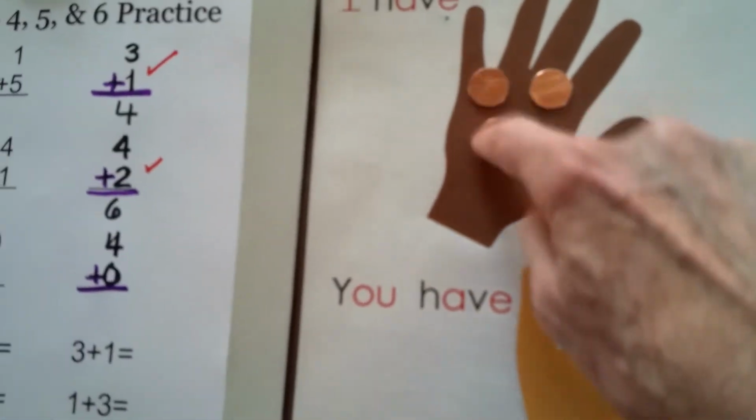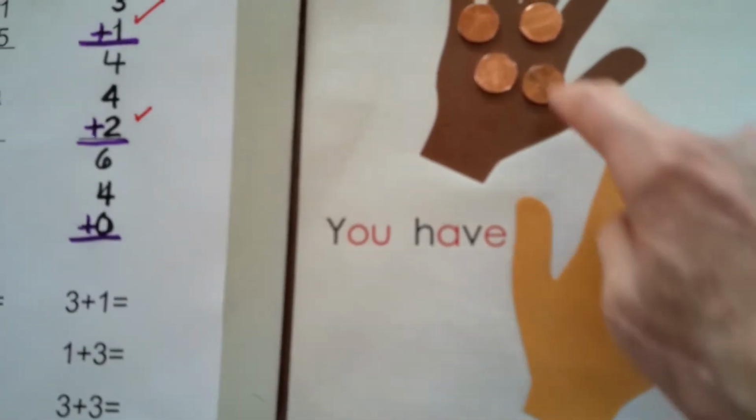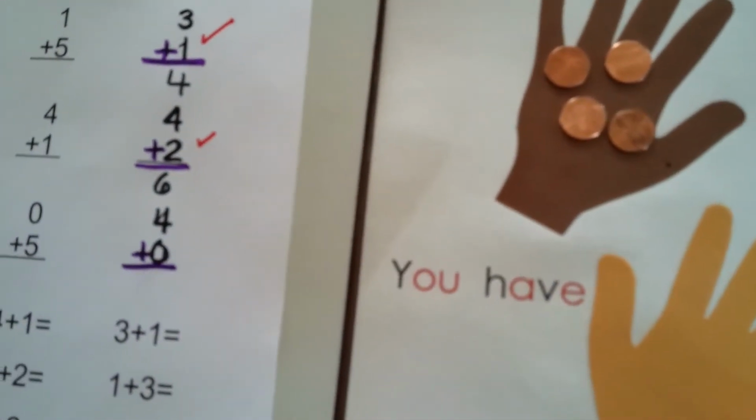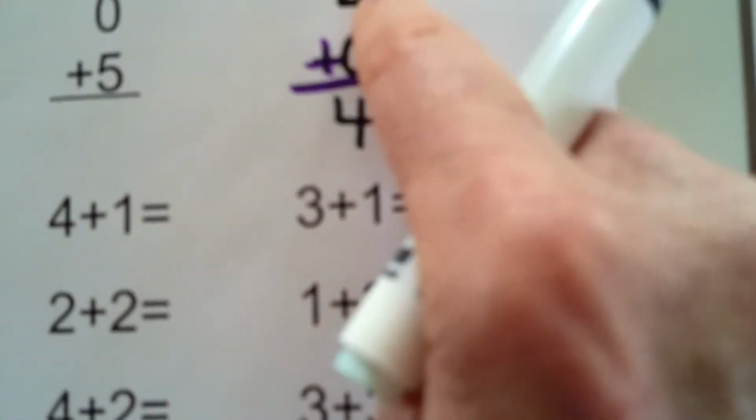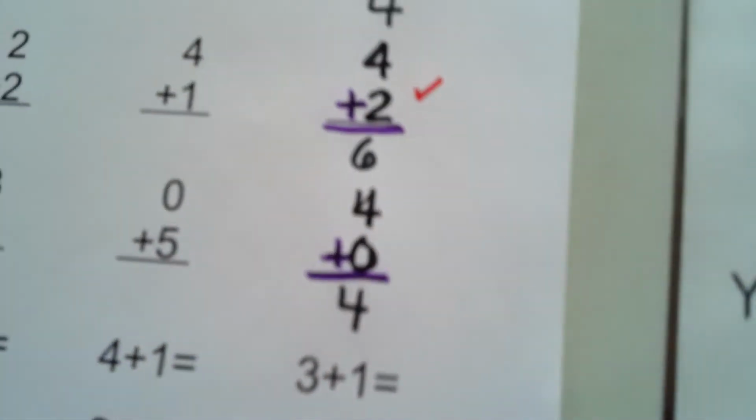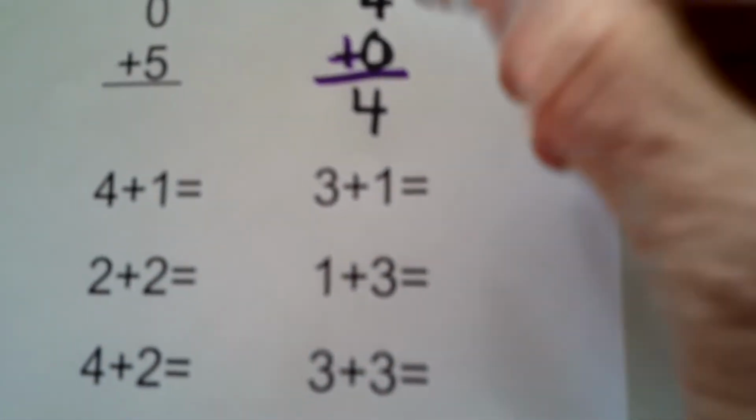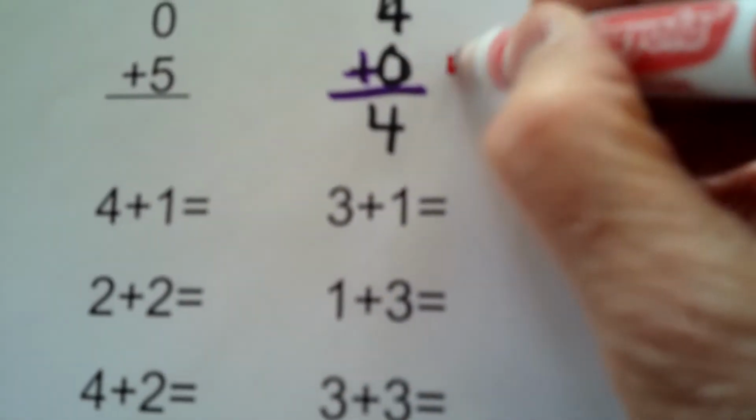I need 4 pennies at the top. 1, 2, 3, 4, and 0. Count. 1, 2, 3, 4. How many did you get? 4. That's what I got. And we remember that 0 plus any number, it stays being that number or numeral. I'm going to put a teacher red check there. 4 plus 0 equals 4. Okay, nicely done. Now, that was the vertical ones.